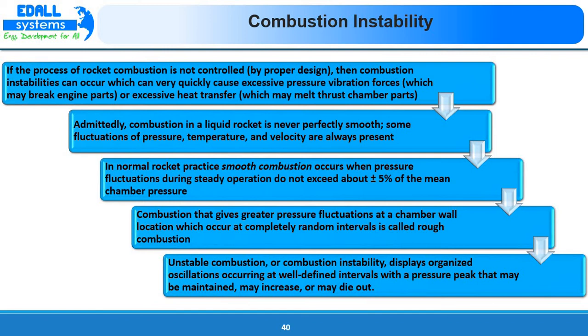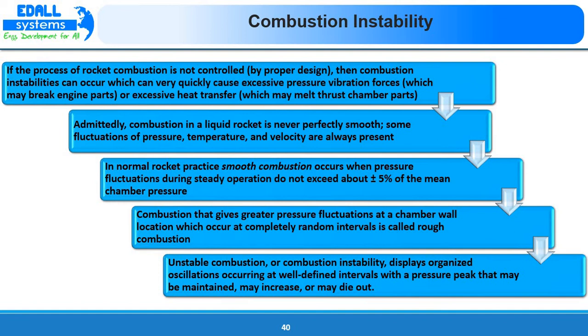Admittedly, combustion in a liquid rocket is never perfectly smooth. Some fluctuations of pressure, temperature, and velocity are always present. When these fluctuations interact with the natural frequencies of propellant-fed systems with and without vehicle structure, or the chamber acoustics, periodic superimposed oscillations recognized as instability occur.